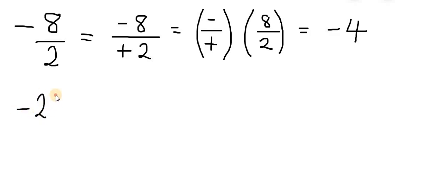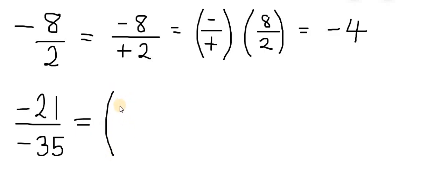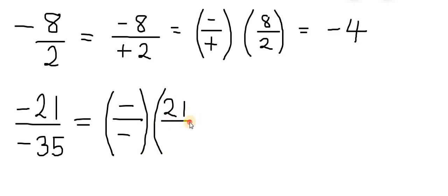Minus 21 over minus 35. We want to divide or simplify this fraction. So both signs are already exposed. So we have minus divided by minus signs first. And we have 21 over 35. Okay? Now, minus divided by minus, that gives you a plus.